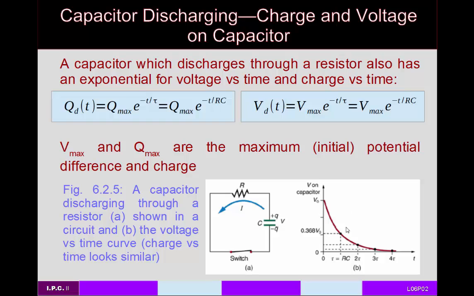Q max in this case represents the initial charge on each plate of the capacitor. And again, if you were doing this in the lab, you'd actually be measuring voltage drop across this capacitor. And so you use Vmax times e to the negative t over tau, where Vmax is the initial voltage drop across the capacitor. Again, you get an exponential decay.